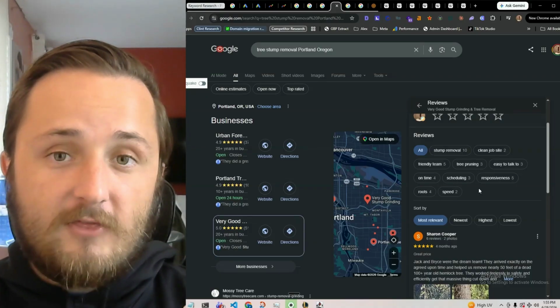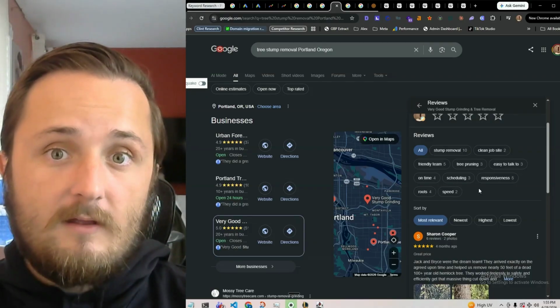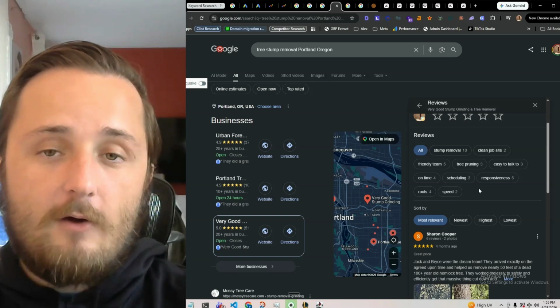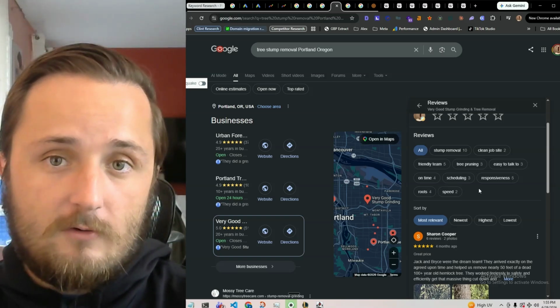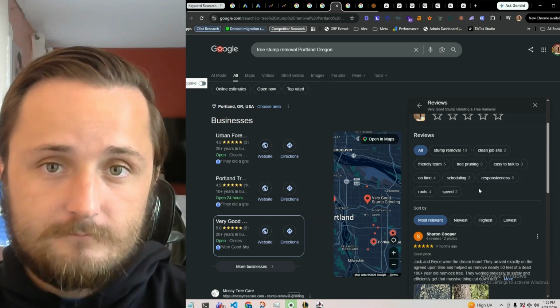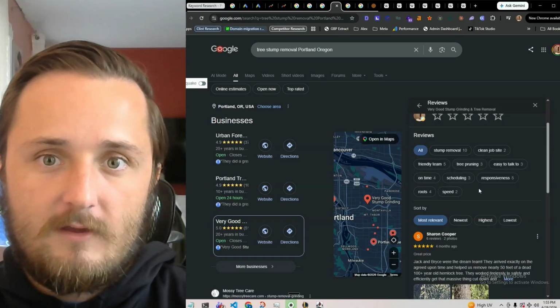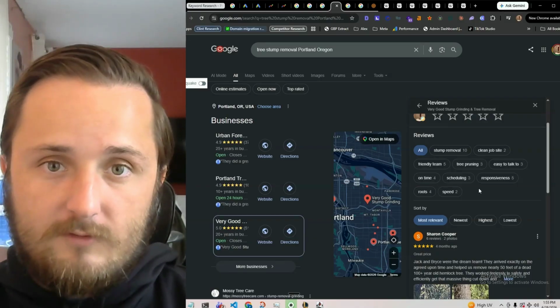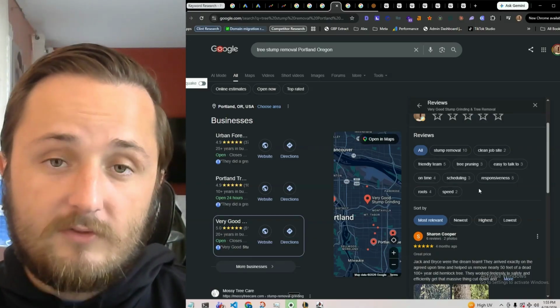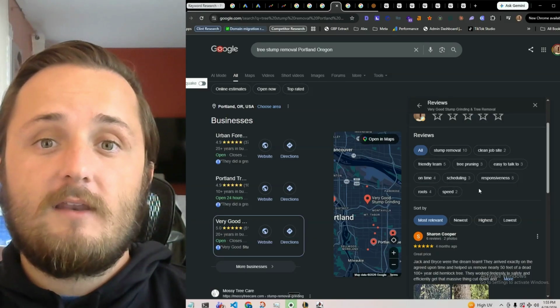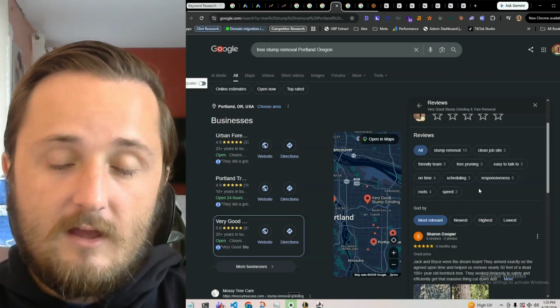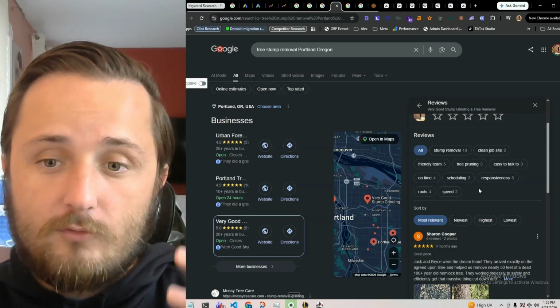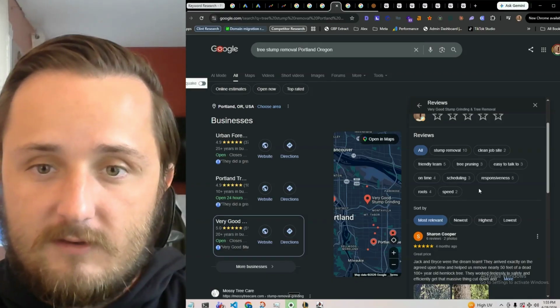So they think about it in their own way. Now I have a better understanding of how they would think about going and searching in Google for that specific service. And so taking all this review data, not only do I get a better understanding of what they would search for, but I will also get a way better understanding of how Google thinks about the data.